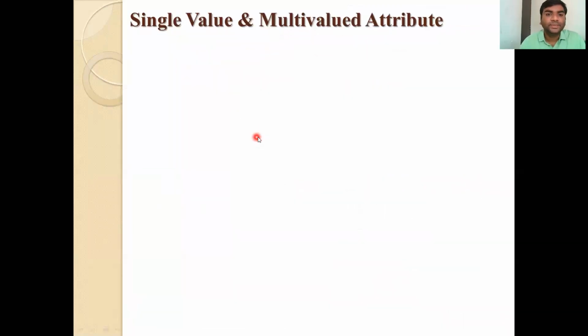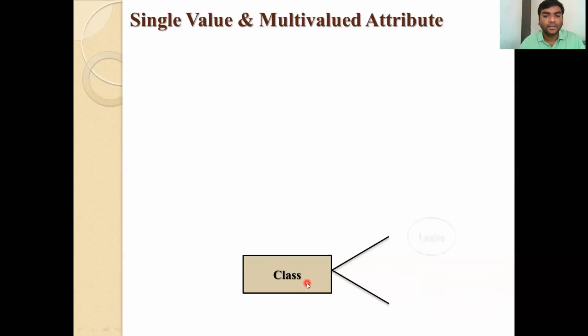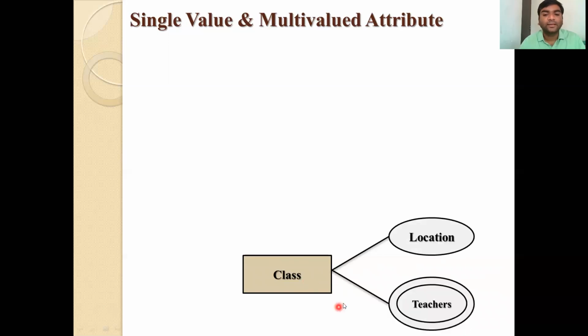Second type of attribute is single-valued and multi-valued attribute. Consider one example of an entity. Class is an entity. Every class has a fixed location. Your class location is, suppose, A building, third floor, and XYZ classroom number.